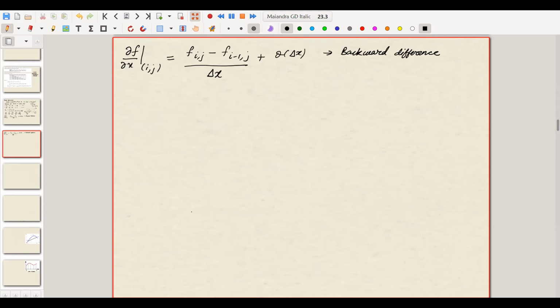So similarly, the central difference also. dou f by dou x. So central, how can you write it, just remembering the derivative on a single variable.